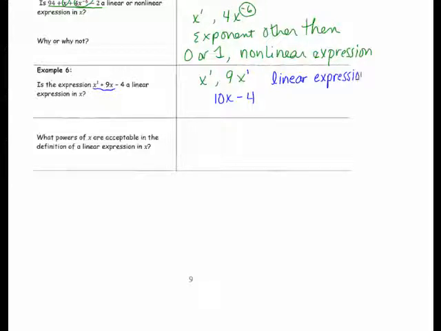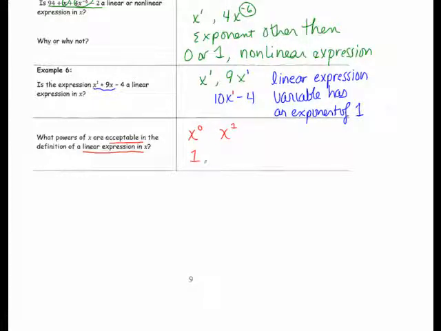How do you know? The variable has an exponent of 1. And remember, the 1, you don't see it. It's an invisible exponent. What powers of x are acceptable in the definition of a linear expression in x? Well, you can have x to the 0 power because that would equal 1, or you can have x to the first power.